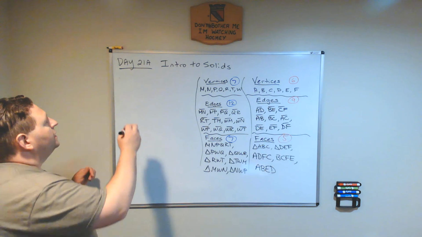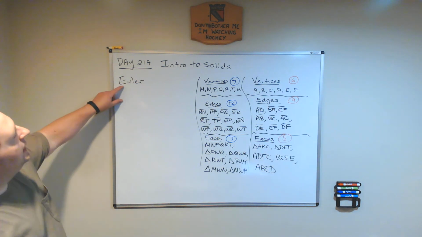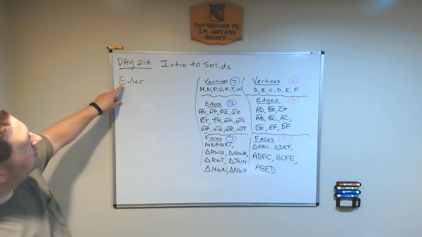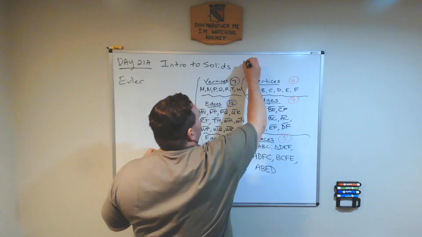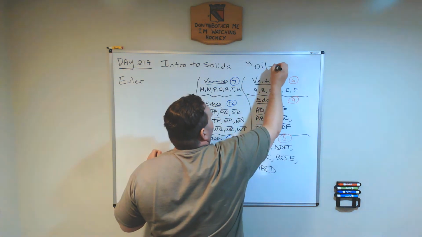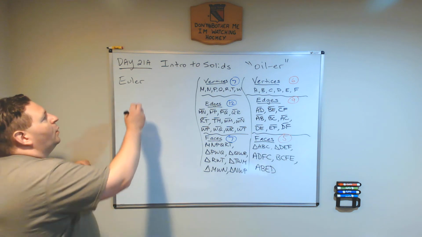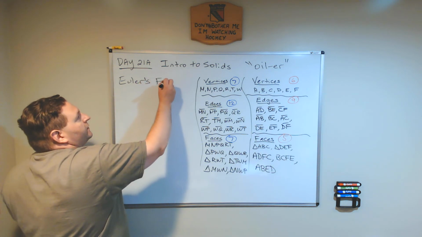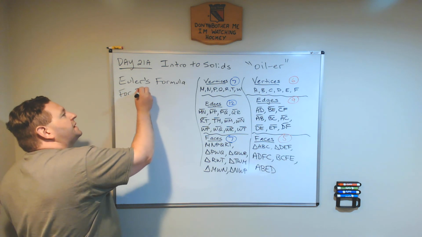It's called Euler. It's capital E, it's a person's name. E-U-L-E-R. It's pronounced Euler, like oil, right? That's how it's pronounced. Euler's formula for polyhedra.